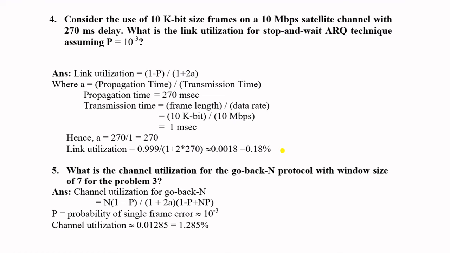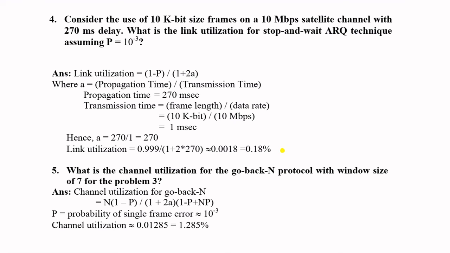Now the next question is, what is the channel utilization for the go back N protocol with the window size of 7? Go back N and selective repeat come under the category of sliding window ARQ. The channel utilization for go back N equals N(1 minus P) divided by (1 plus 2A)(1 minus P plus NP).